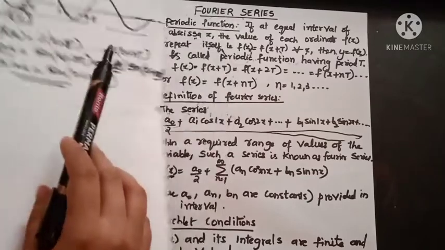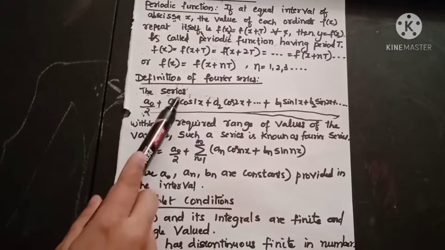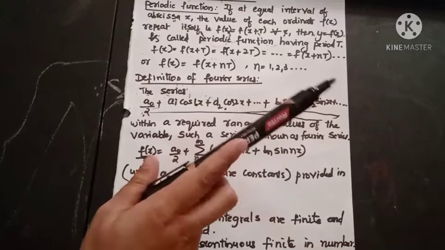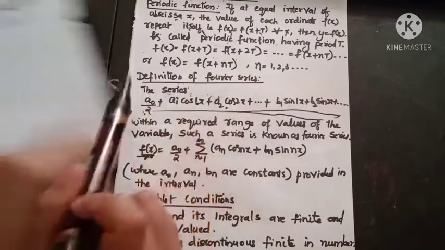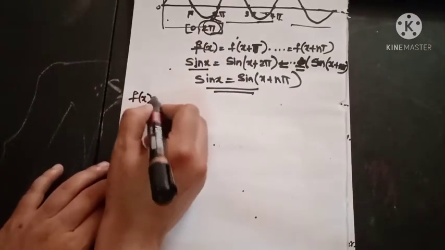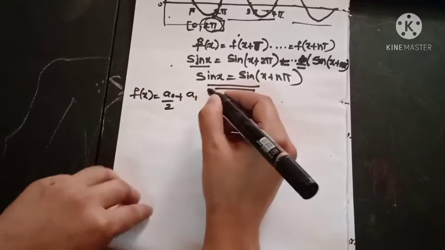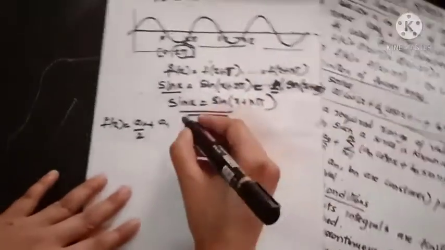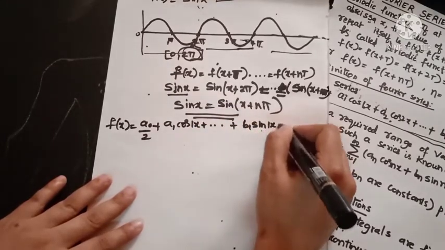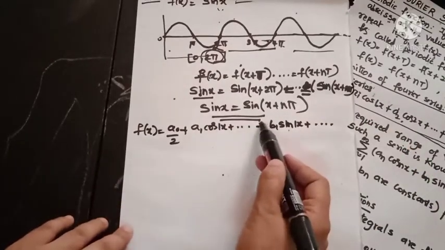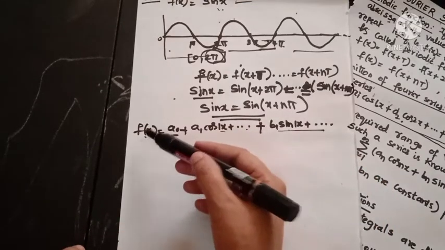So we can expand a series like this for a periodic function: a0 by 2 plus a1 cos 1x plus a2 cos 2x plus b1 sin 1x plus b2 sin 2x, etc. Adding the cos series and the sin series plus a0 by 2, we get the function.